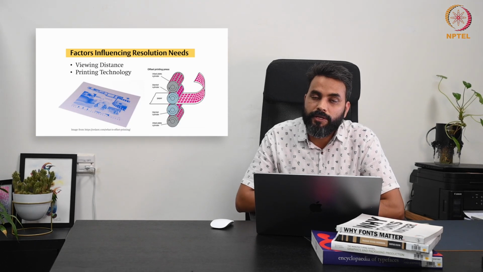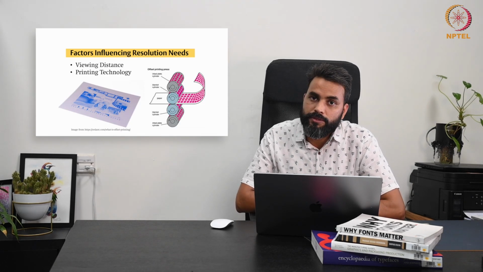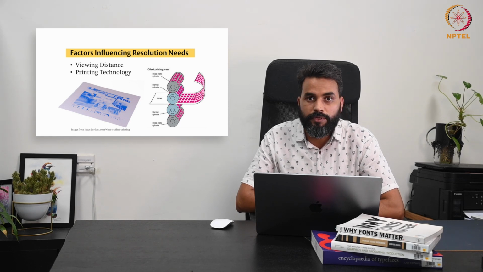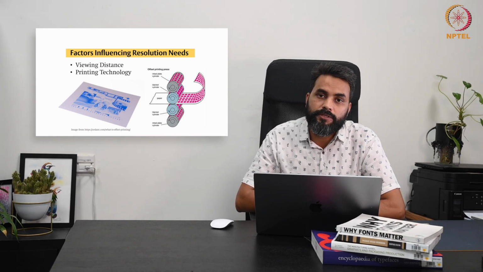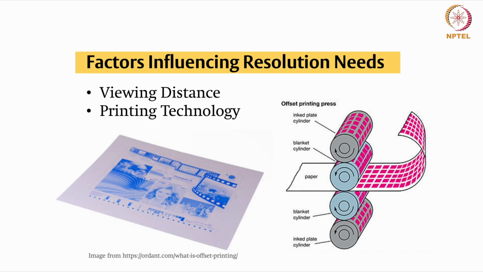Now the second one is printing technology. High quality printers, for example offset and digital printers, demand higher resolution images to leverage their capabilities. As visible on the screen, offset printing is one of the techniques which requires high quality images, because you make different plates for different colors, and in offset printing you have an ink plate cylinder from where the ink is transferred to the blanket cylinder and then finally to the paper.